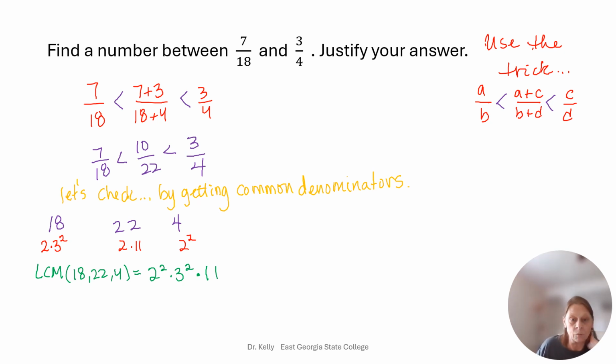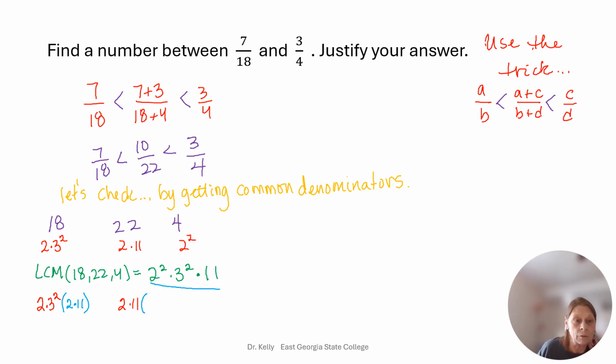So let's check that next step out here. So 18 was 2 times 3 squared, what do I need to add from this list above that we're missing? Well, I don't have a 2 and I don't have an 11, so I'm going to have to multiply that guy by 22. 22 was 2 times 11, and what am I going to need to multiply that by to get our LCM?